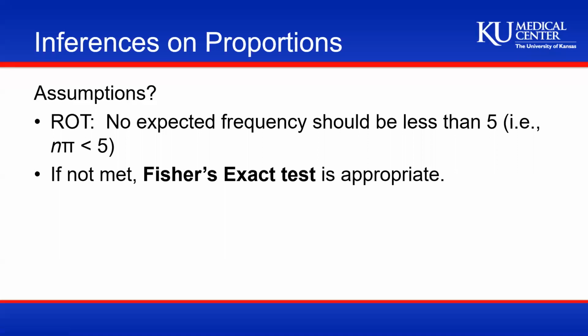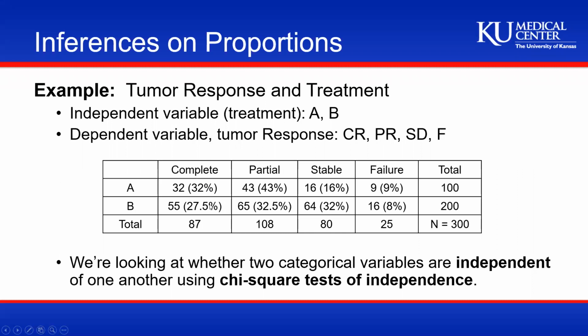The assumptions here, again, really have nothing to do with normality or equal variances, only that we have an event rate high enough that all of these cells have enough subjects placed in them at the end of the study.